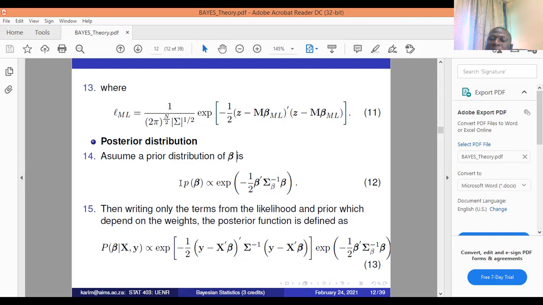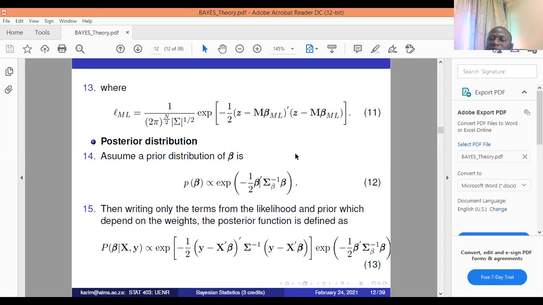So the normal prior for the parameters is proportional to the exponent of minus 1/2 beta, so this is the vector of the parameters, and this is the transpose of the vector of the parameters, and this is the variance associated with the parameter estimate.